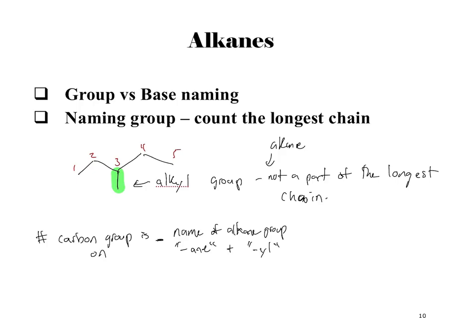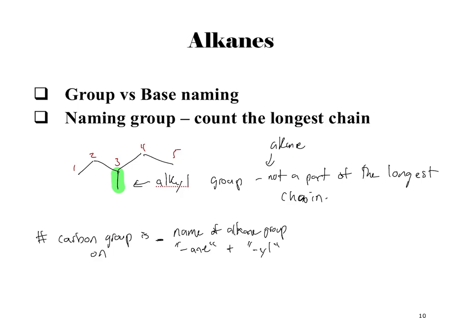So there's 1 carbon in this group. So what's the prefix for 1? Does anyone remember? For a single carbon, what would that be? Meth, right? So what we would say is on the third carbon here, we have a methyl group, because there's 1 carbon in that group.